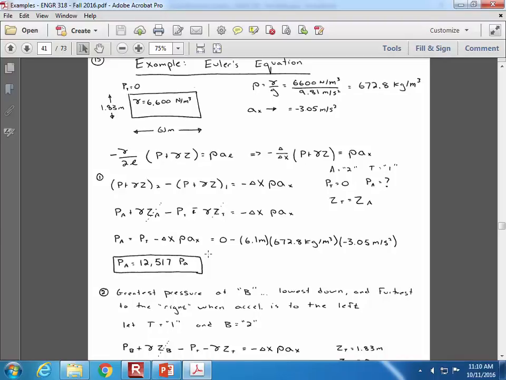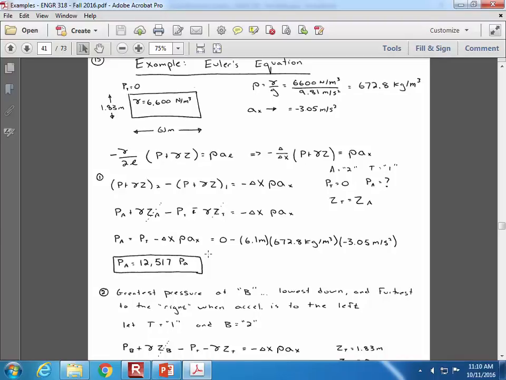And then here, the pressure at T is 0. And we're calling this location A. And this is location B, down in the lower right. We can just get some preliminary stuff out of the way. For instance, we know from Euler's equation that we're going to have to know the density of the fluid.